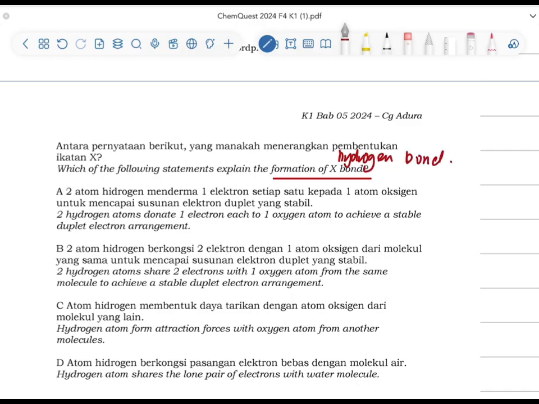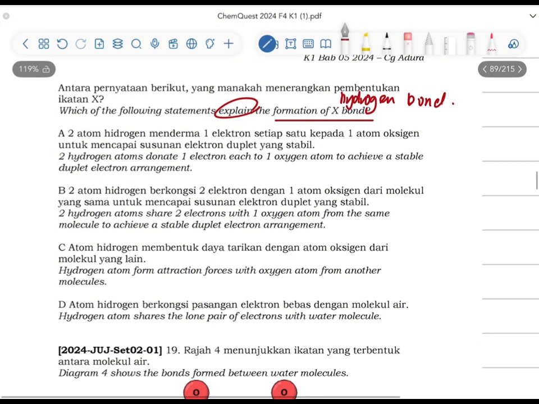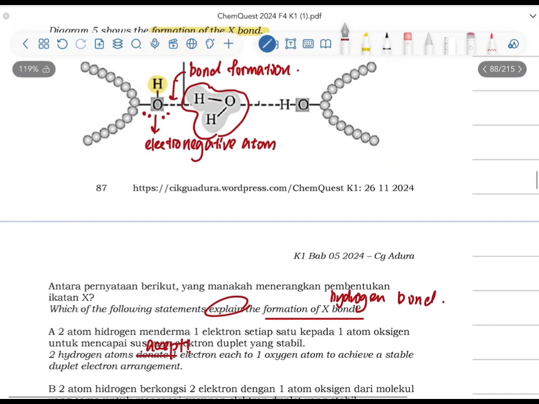Let's look at which statement explains it. The first is, two hydrogen atoms donate one electron each. Looking at this, it is not donate, it is accept. We already said that this oxygen atom has two lone pairs of electrons, so only the atom that has the lone pair of electrons can donate.